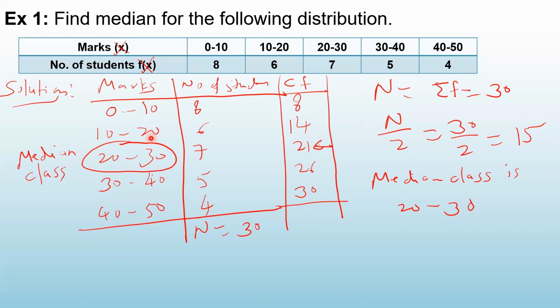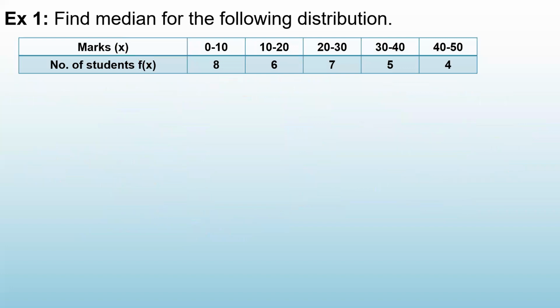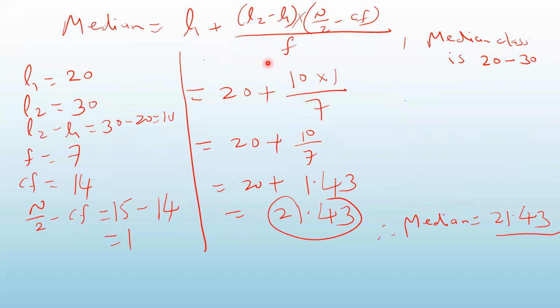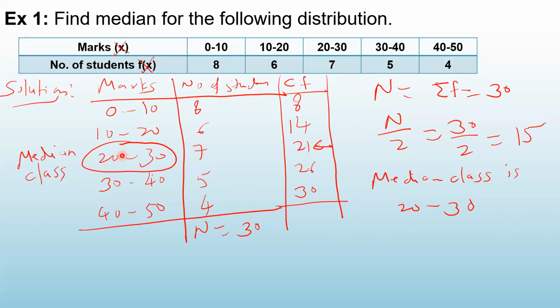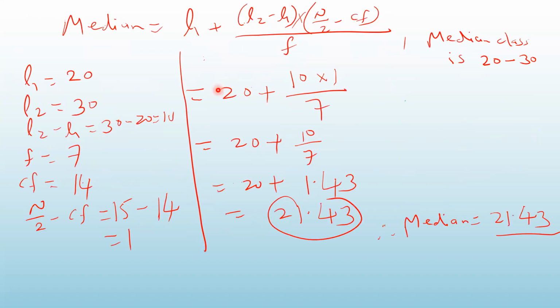Discrete case में you will get directly the value here, that will be median. In continuous case you will not get directly the value, you will get the class, that is the median median class. फिर आपको फॉर्मूला. L1 मतलब लोअर बाउंड्री, L2 मतलब अपर बाउंड्री, F मतलब उसका फ्रीक्वेंसी, वो आपको टेबल से पता चल जाएगा. CF मतलब इसके ऊपर वाली क्लास का फ्रीक्वेंसी, CF. Then put it in the formula and get the answer.